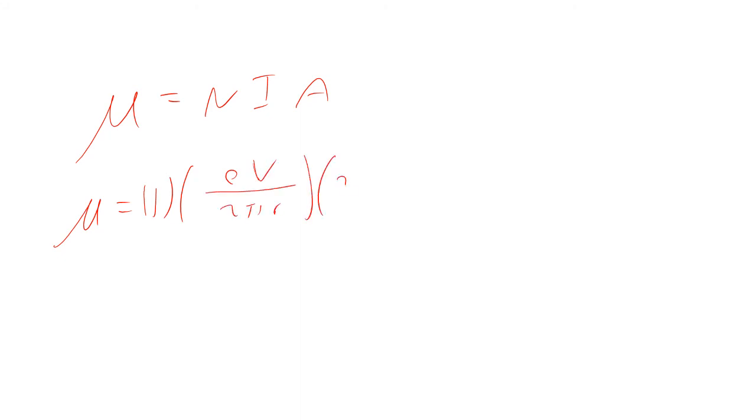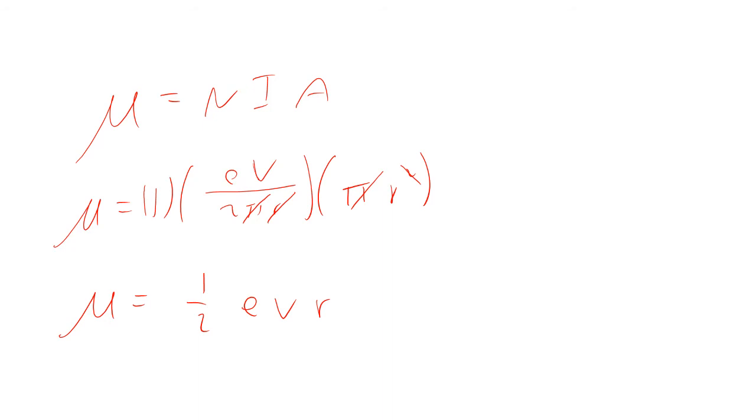So mu is equal to N I A, which is 1 times I, which we said was e times velocity over 2 pi r, times pi r squared for the A. That pi cancels that pi, that r cancels that r, and so mu comes out to be 1/2 e v r.